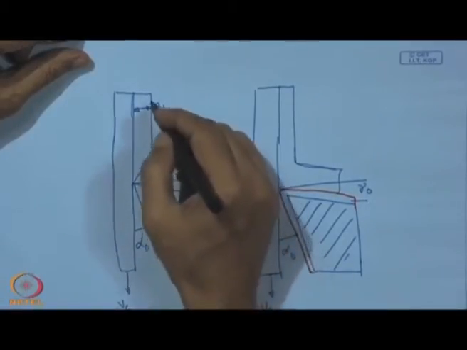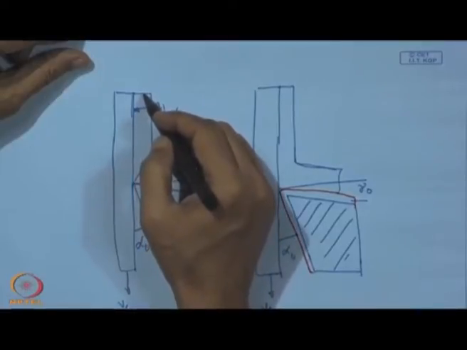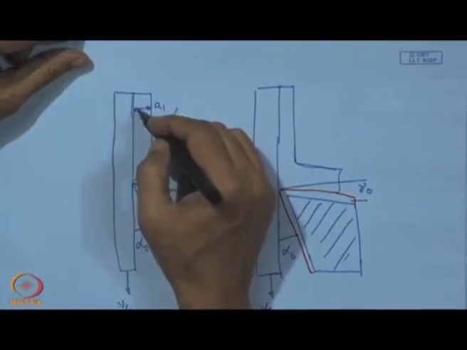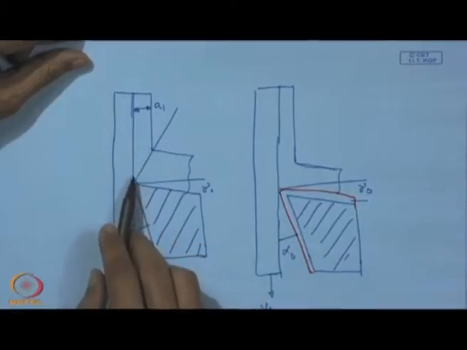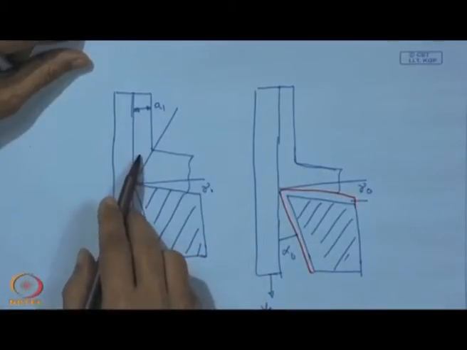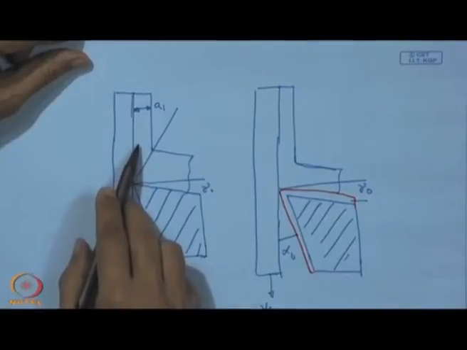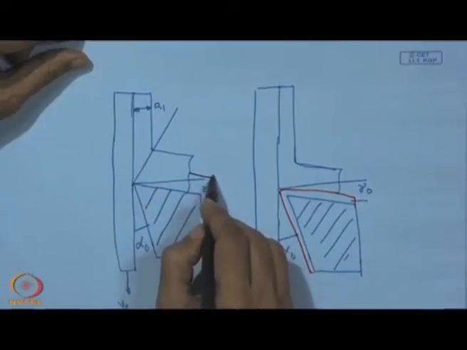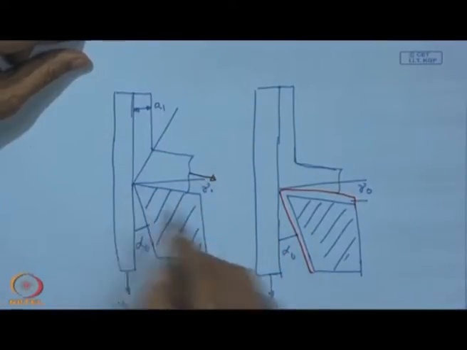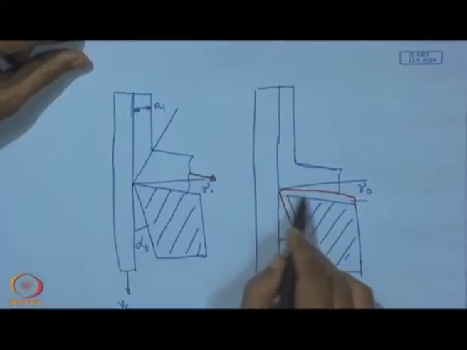That means, what we see here, this strip which is moving in this direction, this motion is diverted by this face of the tool and it takes this course. So, this is the changed course because of the very existence of the face.